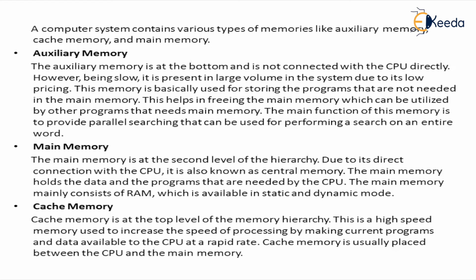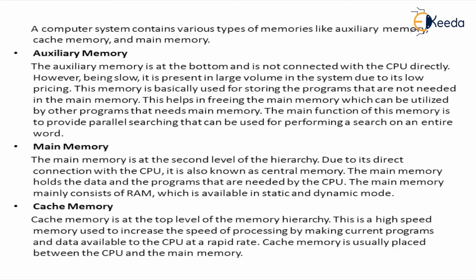Now, what do you understand by cache memory? Cache memory is at the top level of the memory hierarchy. This is a high speed memory which is used to increase the speed of processing by making current programs and data available to the CPU at a rapid rate.